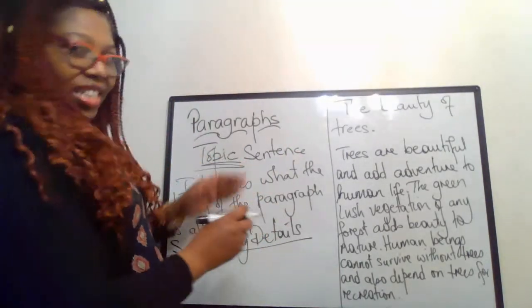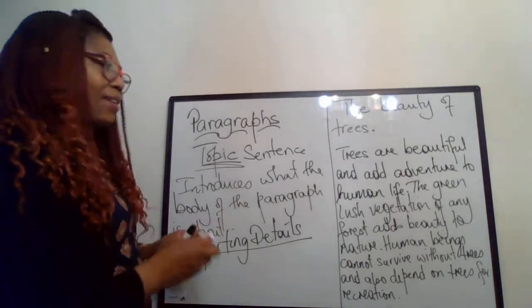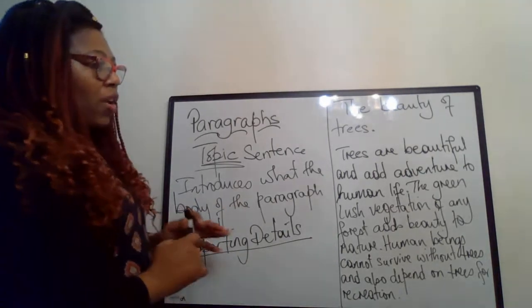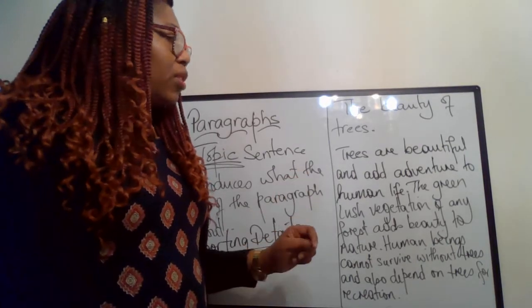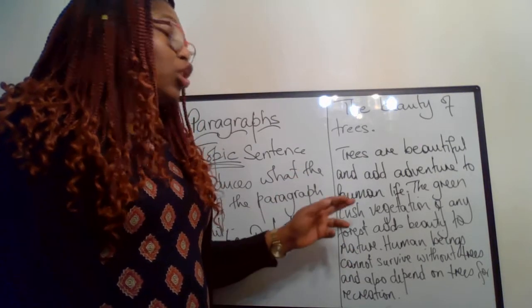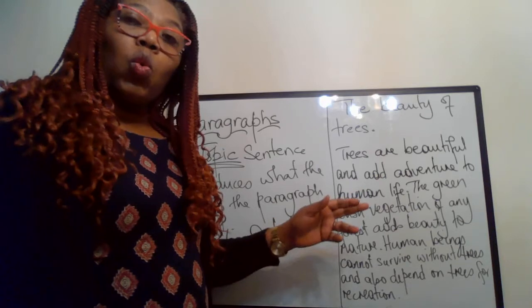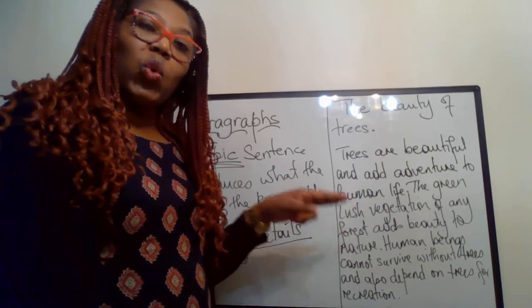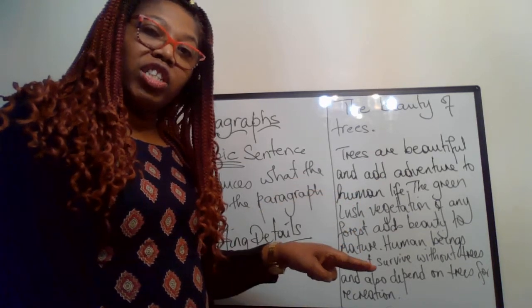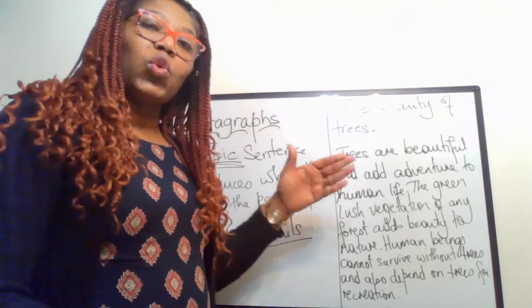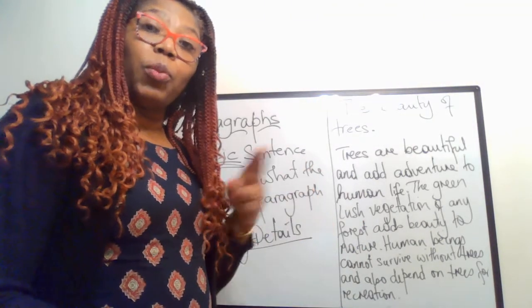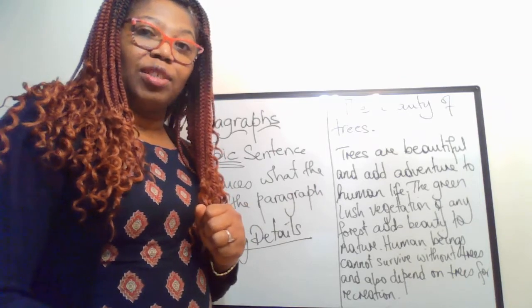And I think I'm going to erase this part so I can add at least two more. Okay, so we have what we have so far. Trees are beautiful and add adventure to human life. Now, you have to show in your paragraph how trees are beautiful and how they add adventure to human life. So that is what your supporting sentences are supposed to do.